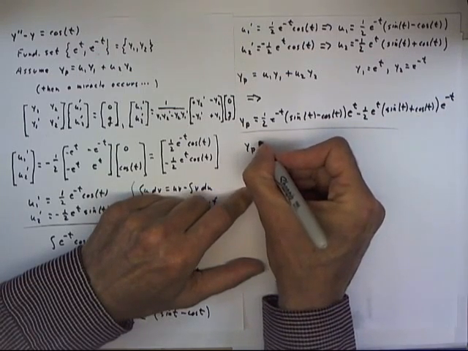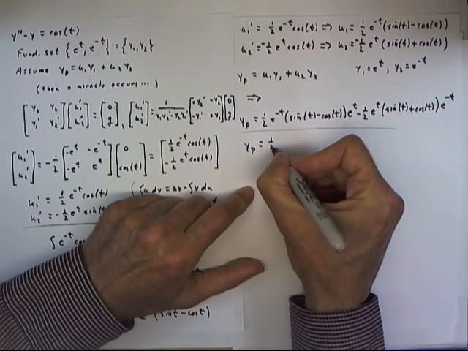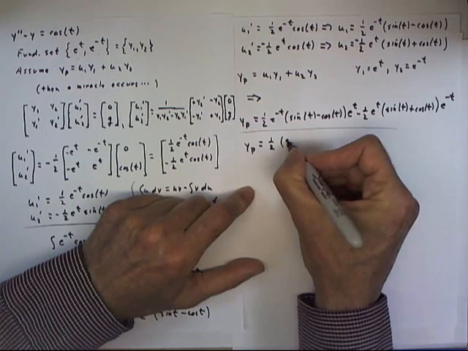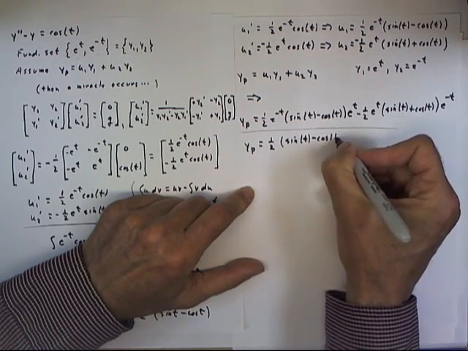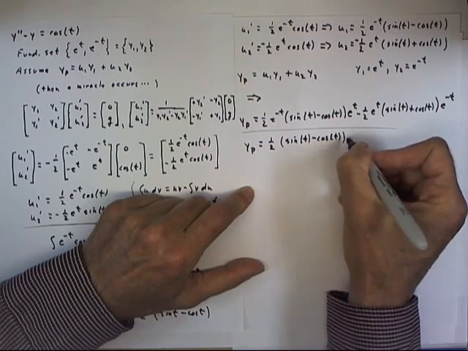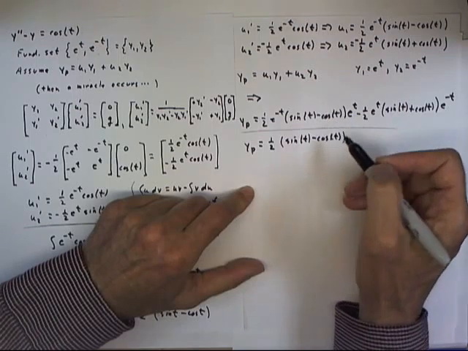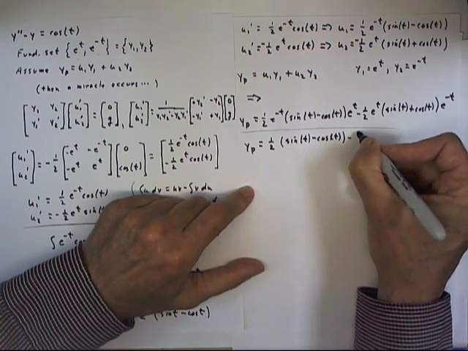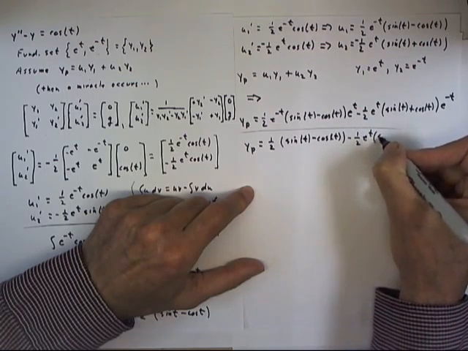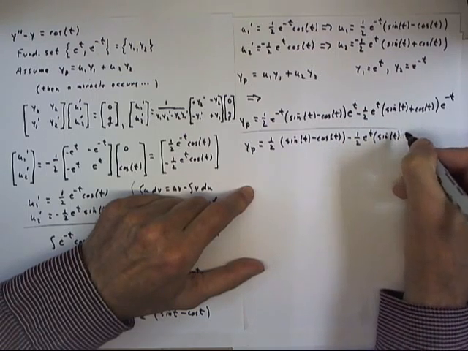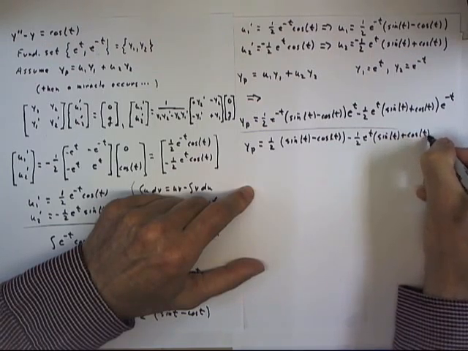And we end up then with yp equals 1/2 times the quantity sine of t minus cosine of t, noting that the e to the negative t and e to the t multiply out to give us 1, and then it's going to be minus 1/2 times sine t plus cosine of t.